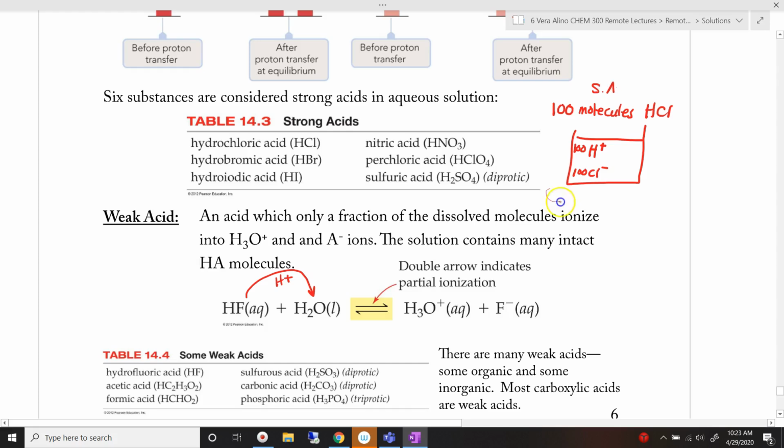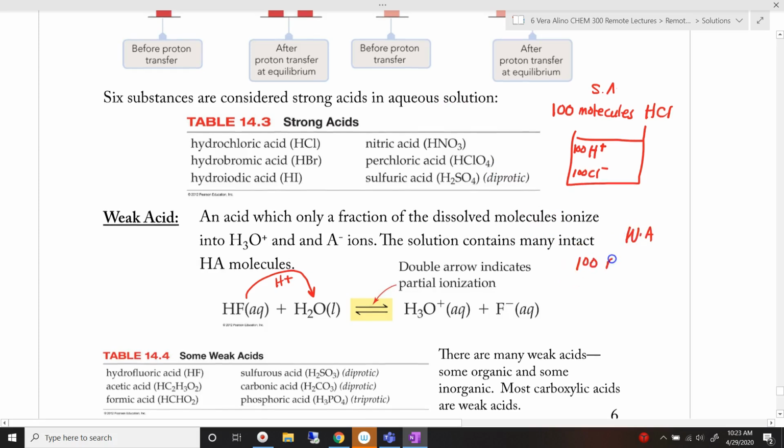Notice there's a lot of hydrogen ions. That's what makes the solution acidic. Now contrast that to a weak acid, hydrofluoric acid.